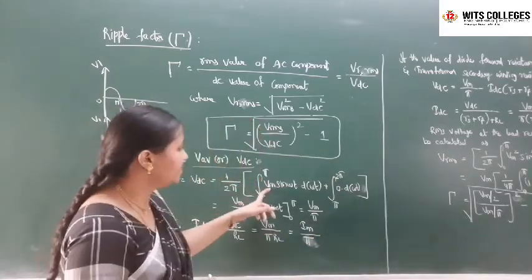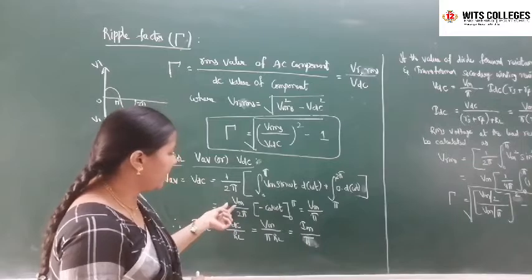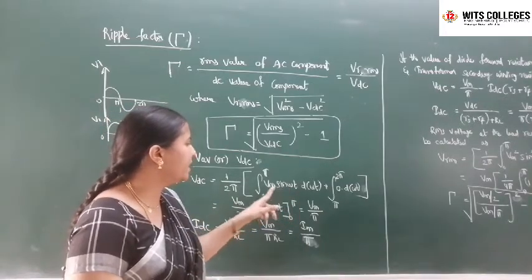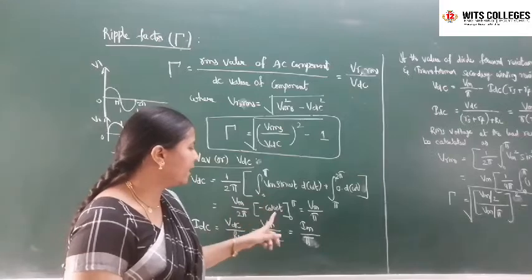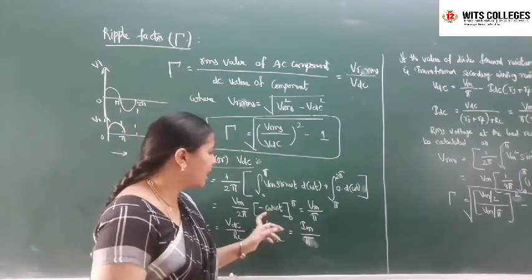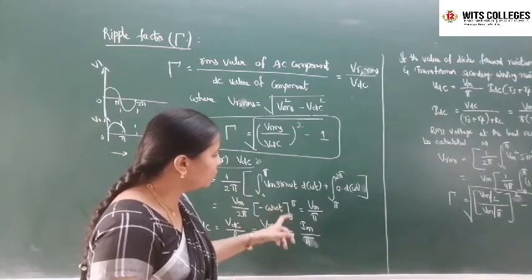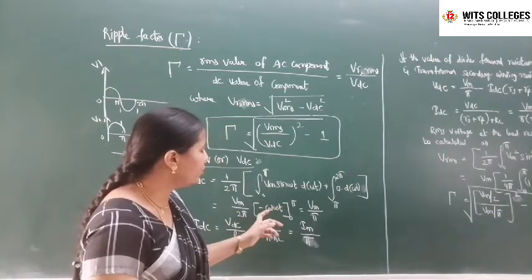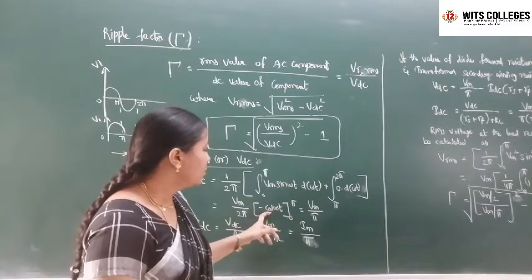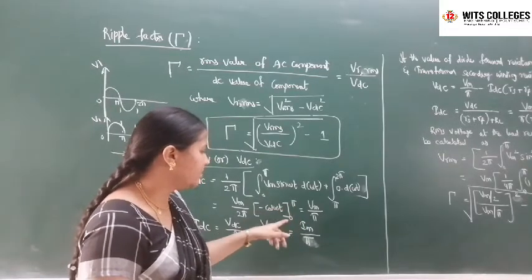Okay. So Vm is constant. We are taking it here outside, Vm by 2 pi. If you integrate sin omega t, you will get minus cos omega t, and the limits are 0 to 2 pi. So if you apply the upper limit and lower limit, you get cos pi minus cos 0.